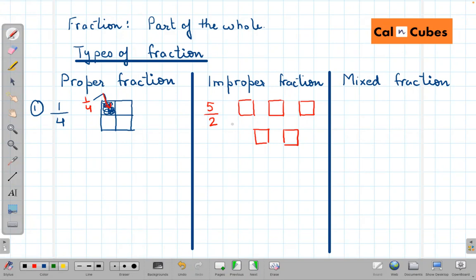What will you do? I will give 2 for her and 2 for me, and another one will be remaining. We'll cut it in half. Very good.